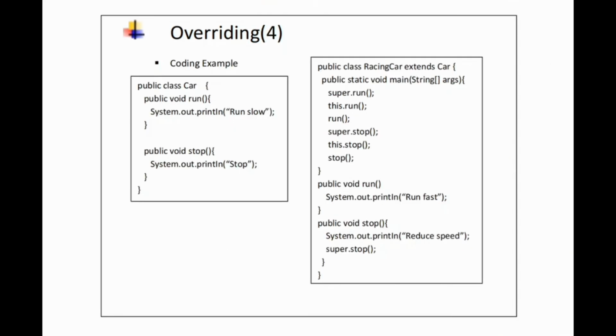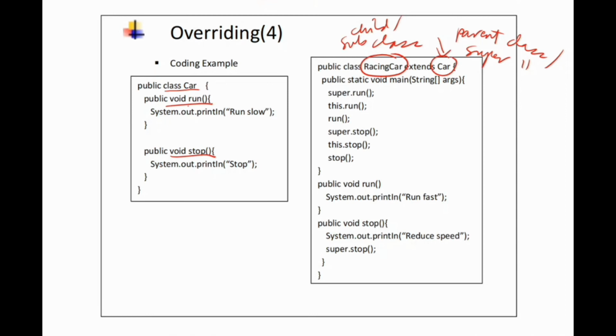Let's take a look at this example of overriding. We have here a Java class Car, and Car is the parent class or the superclass of the Java class RacingCar. So RacingCar is the child or the subclass, and Car is the parent class. The parent class Car has two methods: void run without arguments and void stop without arguments.